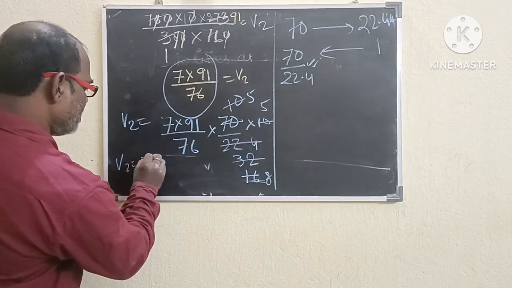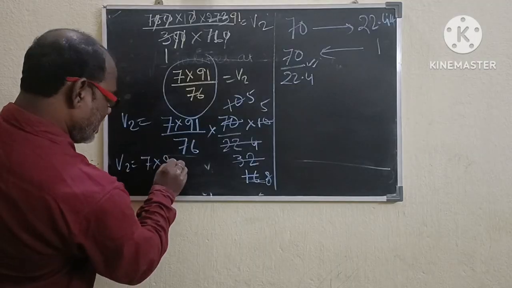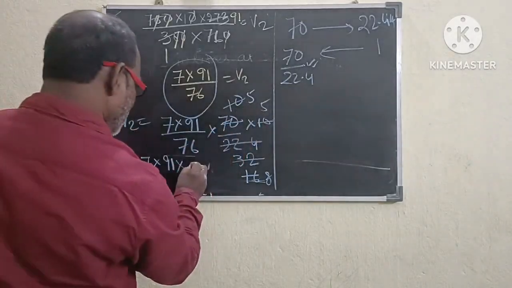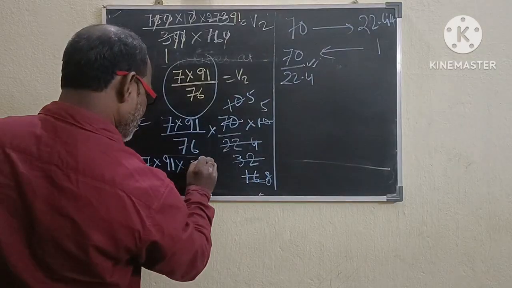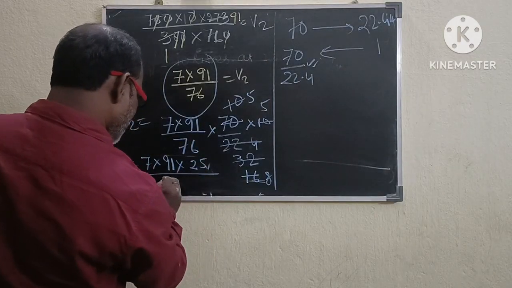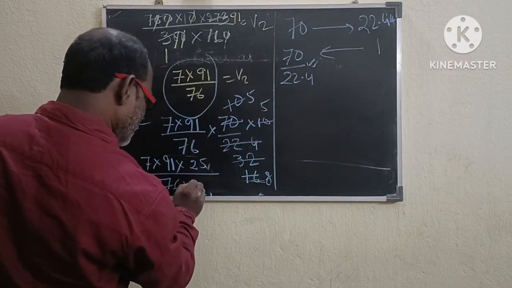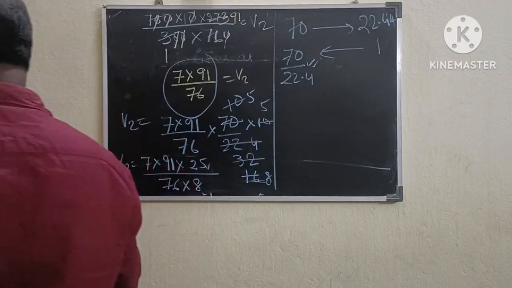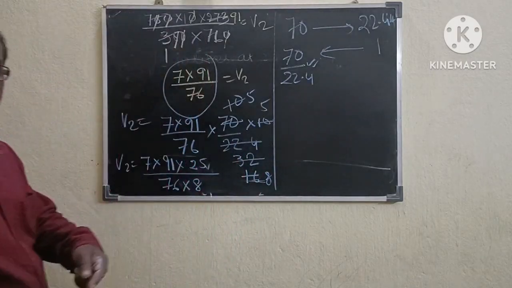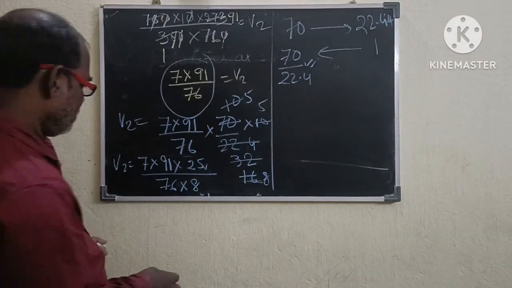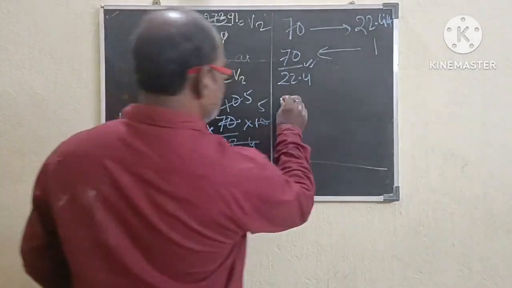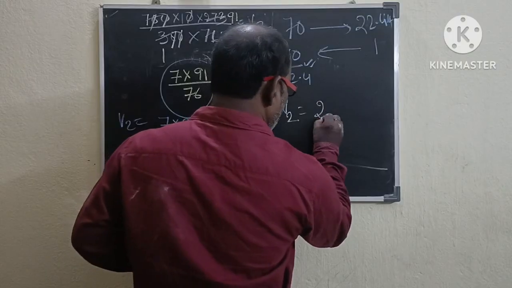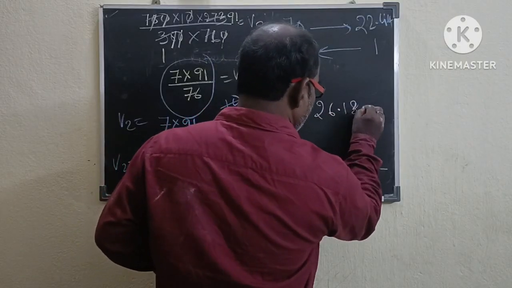V2 is equal to 7 into 91 into 5 and 5 is 25, whole divided by 76 into 8. Now you have to do this simplification. What we get is, on simplification, we get V2 is equal to near about 26.18 gram.